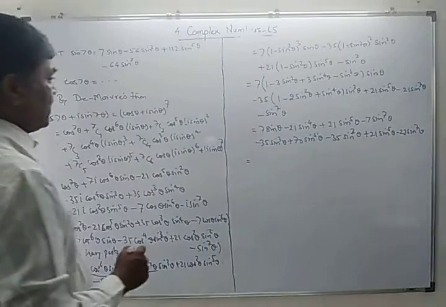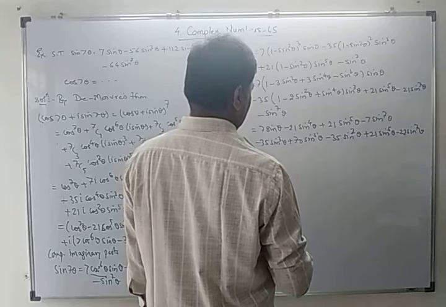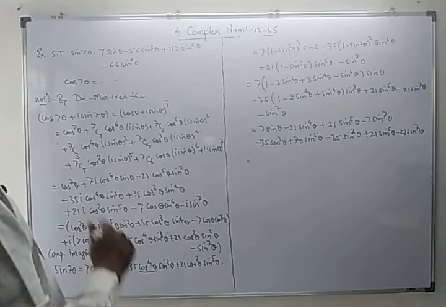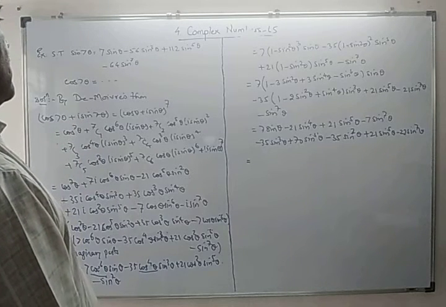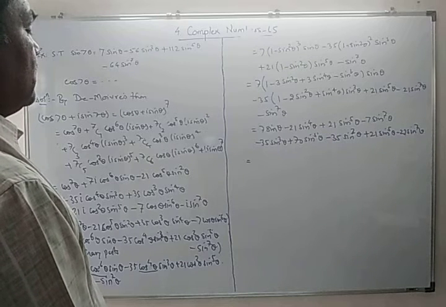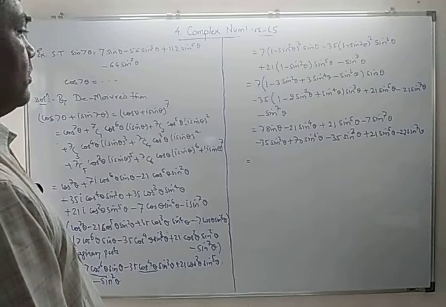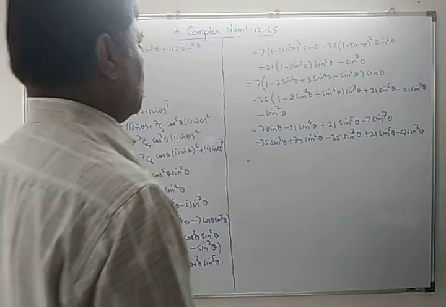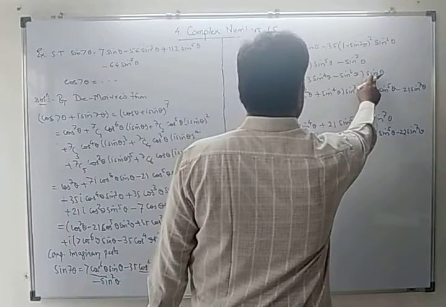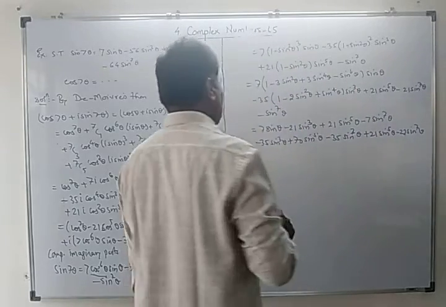So after simplifying this, we'll get 7 sin theta. Where is the cubic term? Cubic term is there. How are we getting that? Sin square into this sin is sin cube, right?